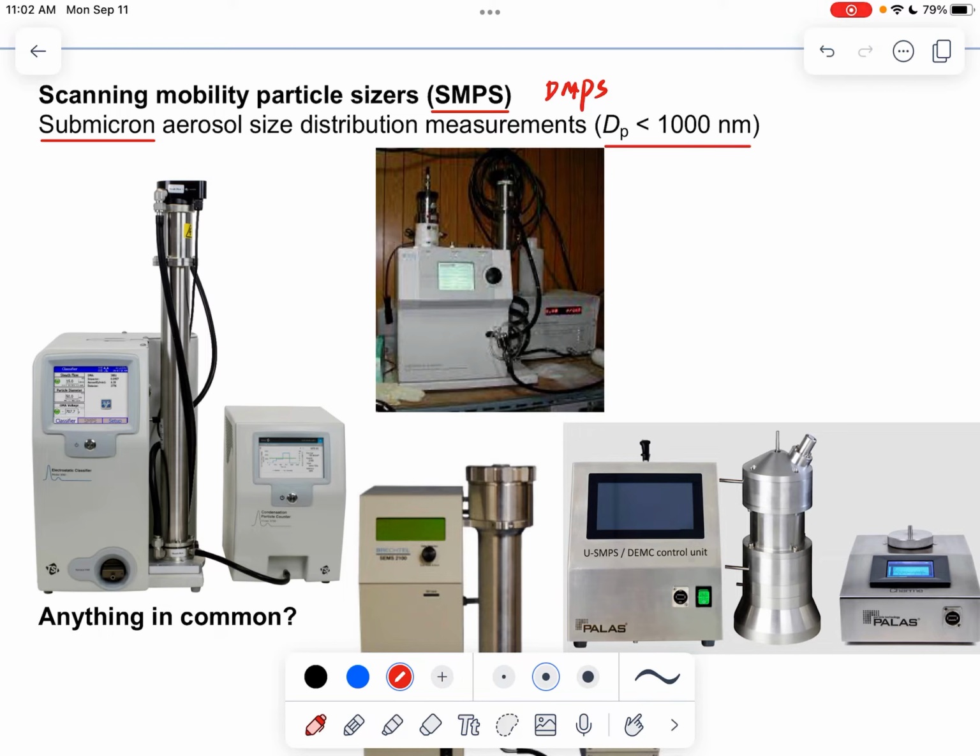So what the neutralizer does is it gives the aerosols a uniform or a known charge distribution. What it means is that, for example, if you have 100 particles of, let's say, 100 nanometer, the neutralizer releases bipolar ions, and then they will collide with the particles being introduced into the neutralizer.